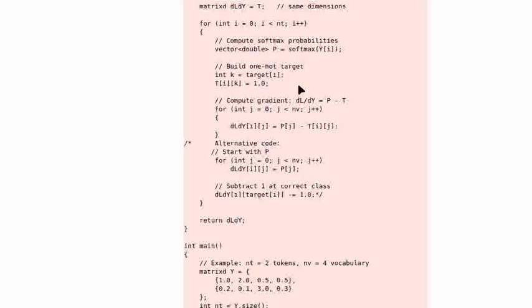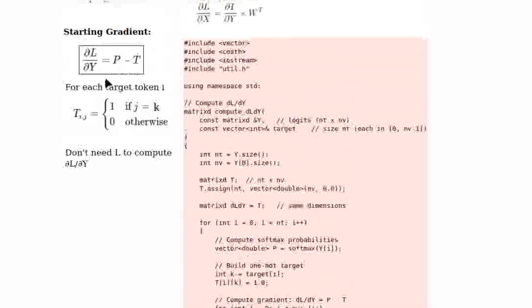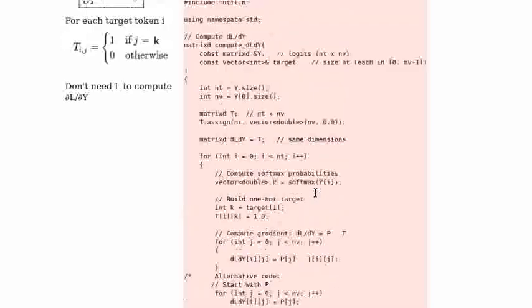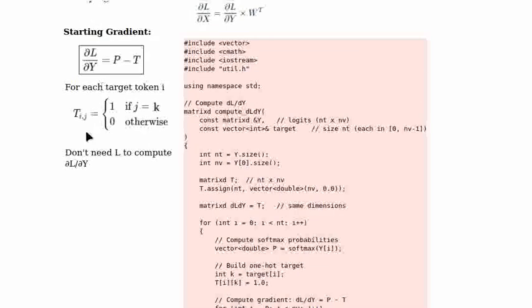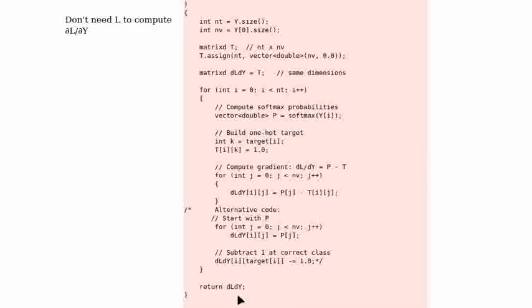All others will be 0. And then we compute the gradient dL dY, which is P minus T. So dL dY_ij is P_j minus T_ij. This formula. And then we return dL dY.